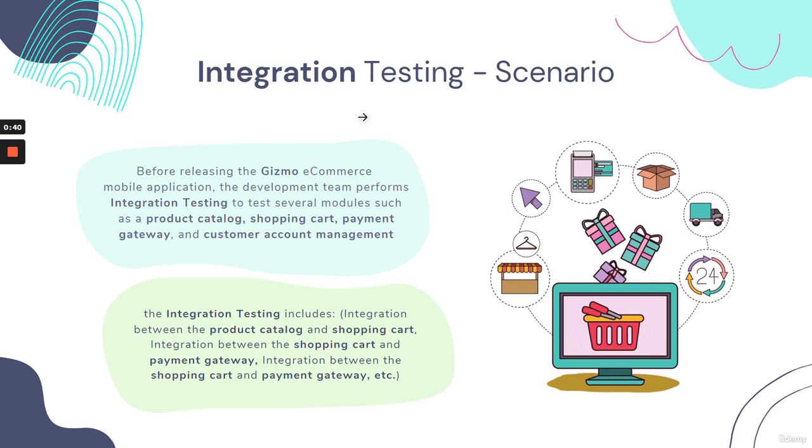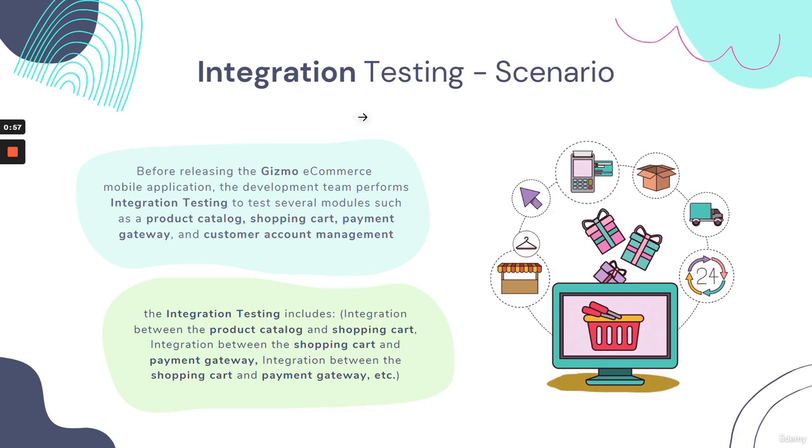Before releasing the Gizmo e-commerce mobile application, the development team performs integration testing to test several modules, such as a product catalog, shopping cart, payment gateway, and customer account management.